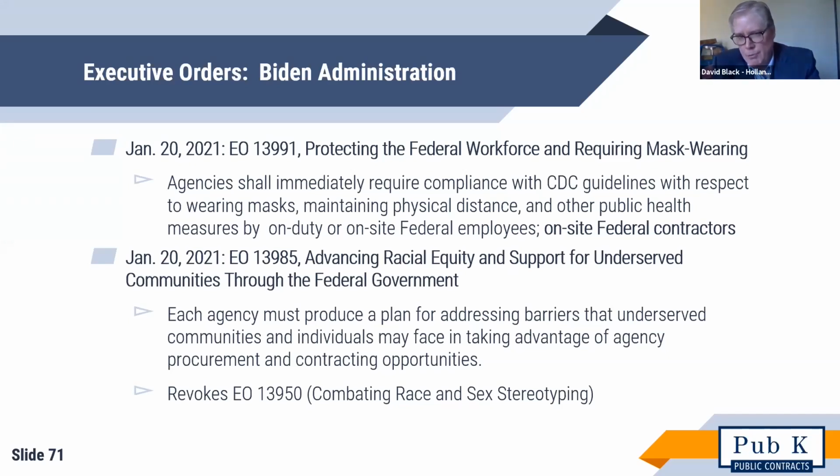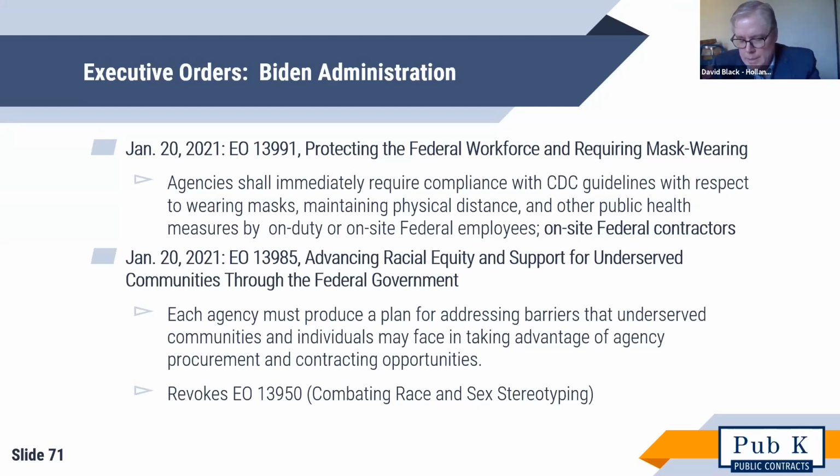So if you are performing a contract at a federal workplace, you can expect that at some point there'll be a clause that definitely goes into new procurements. There's probably a question about, once the clause exists, whether they try to modify existing contracts for health and safety reasons. So we'll see how that plays out.